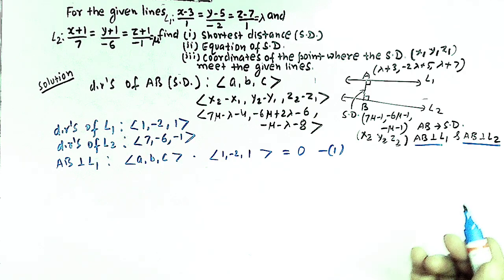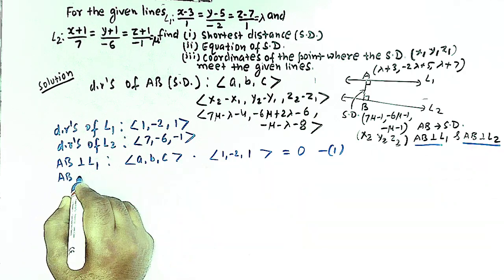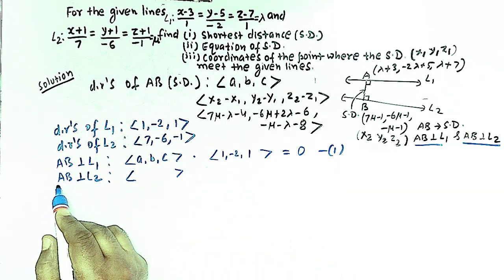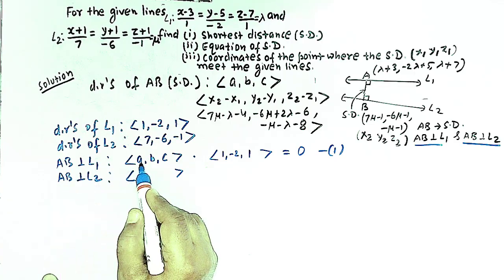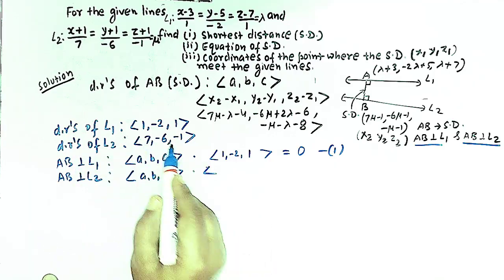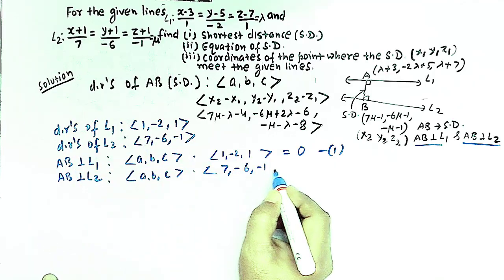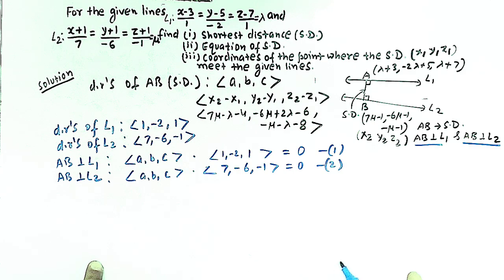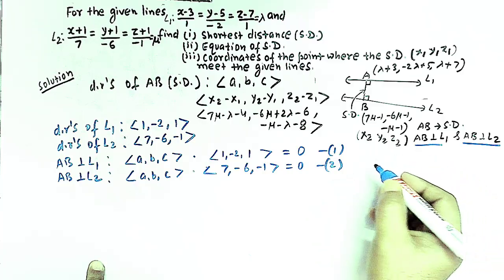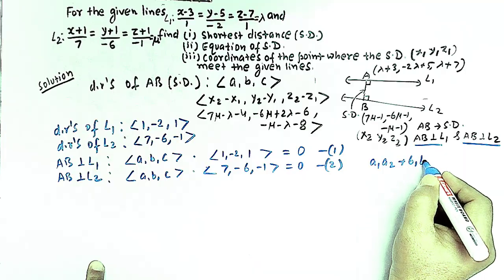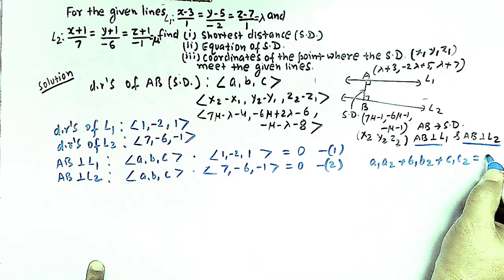it should be equal to 0, right? And similarly, when we apply this condition, that is AB is perpendicular to L2, then the dot product of the vector AB, which is given by A, B, and C with this vector, that is 7, minus 6, minus 1, should be equal to 0, because we know that the condition for the perpendicularity of two lines or two vectors is a1 a2 plus b1 b2 plus c1 c2 is equal to 0.